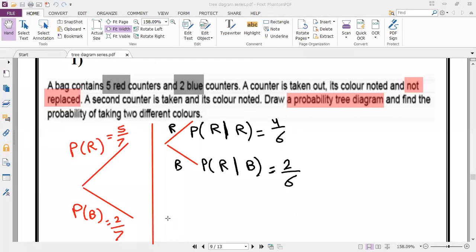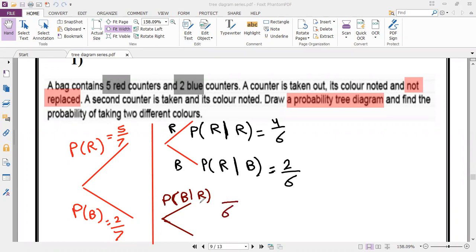Abdullah, the second one here. We have red, we have blue. So we couldn't write P(R), we will write P(R|B), because we have got one blue and we didn't replace, so there are 6 counters.